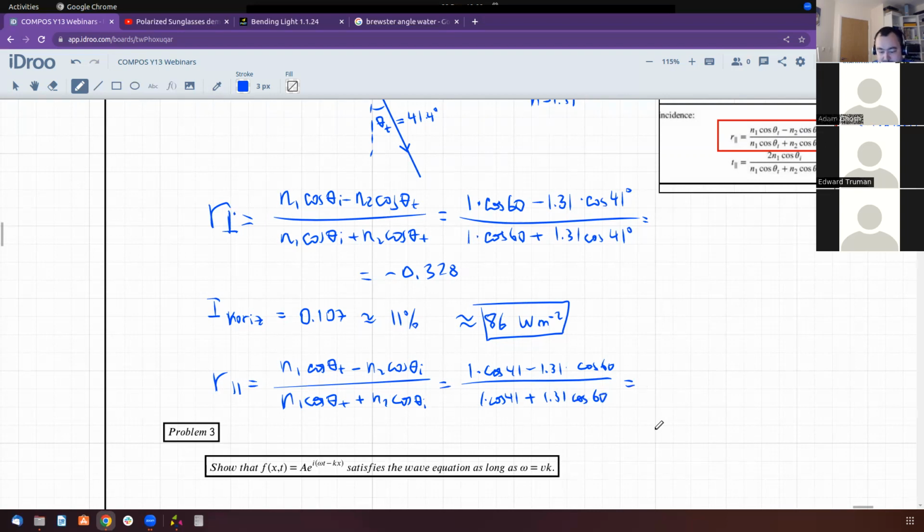That gives us cos 41 minus 1.31 times 0.5, divided by cos 41 plus 1.31 times 0.5.